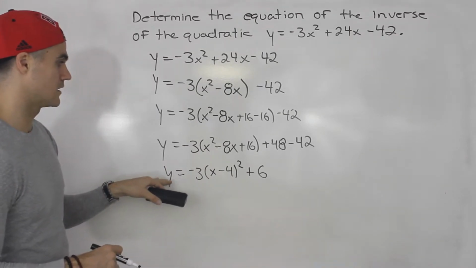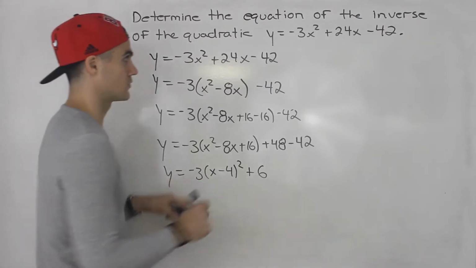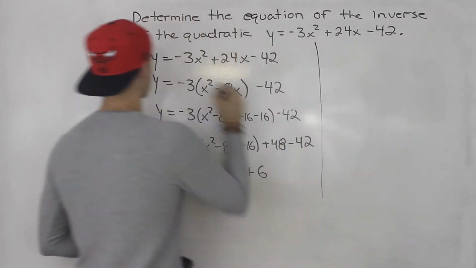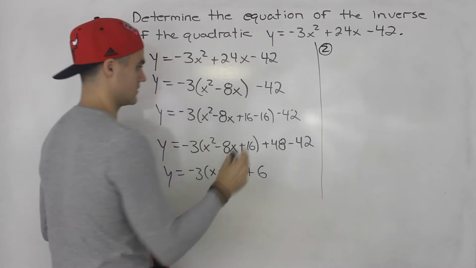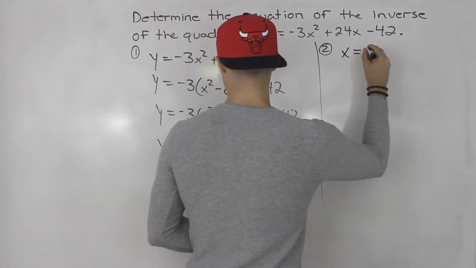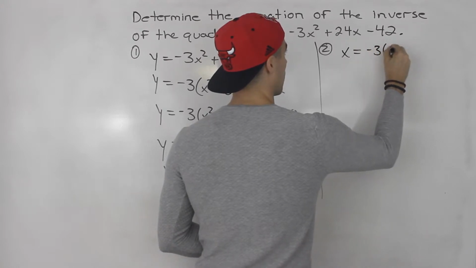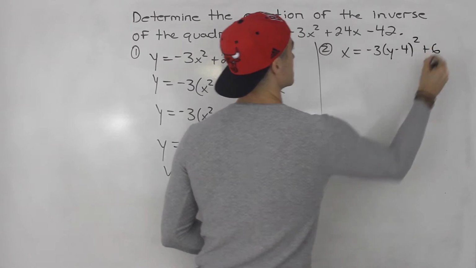Basically what we do is we rewrite this, but we switch the x and the y. So we would rewrite this up here. So this is like step 1, complete the square. Now step 2, find the equation of the inverse. So switch the x and the y. So x equals negative 3 (y minus 4) squared plus 6, like that.